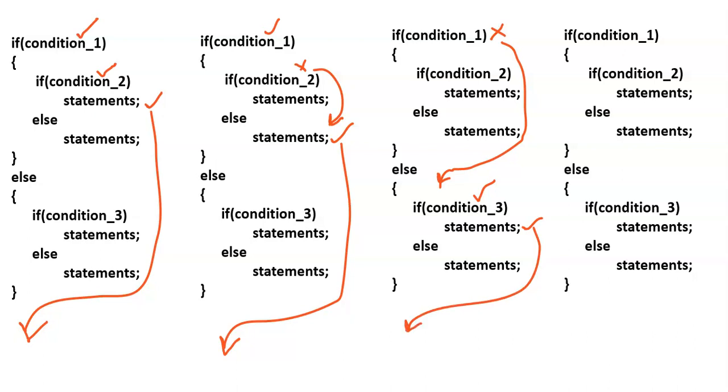Now coming to the last scenario, if condition 1 is false, then control enters into the outer else block. Here assume that condition 3 is also false, then these else block statements are executed and the control comes out of the nested if else statement. In this fashion, the programming statements are executed.